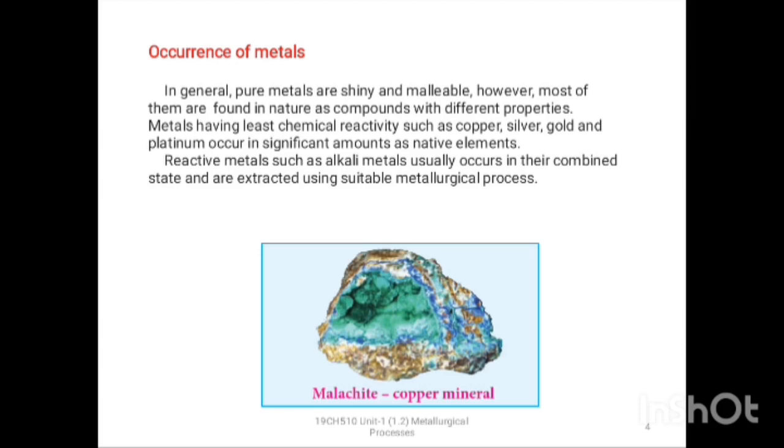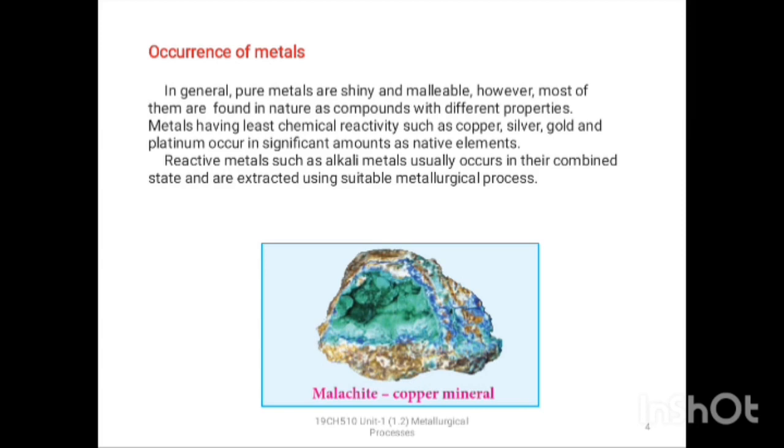Occurrence of metals. First, we have to find out from where we are able to get the metals. In general, pure metals are shiny and malleable. However, most of them are found in nature as compounds with different properties. For example, metals having the least chemical reactivity, such as copper, silver, gold and platinum, occur in significant amounts as native elements.